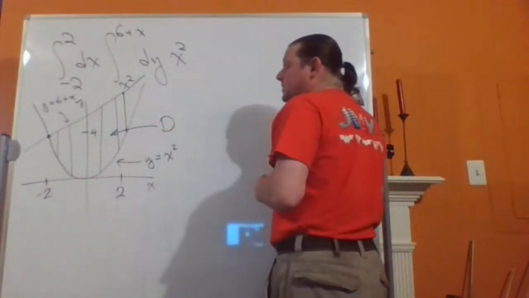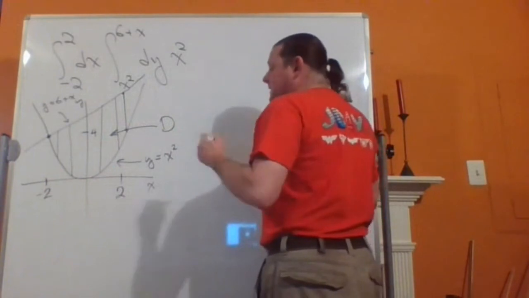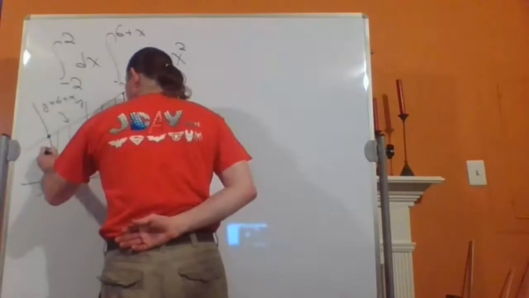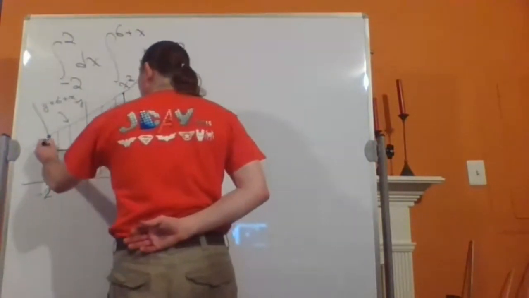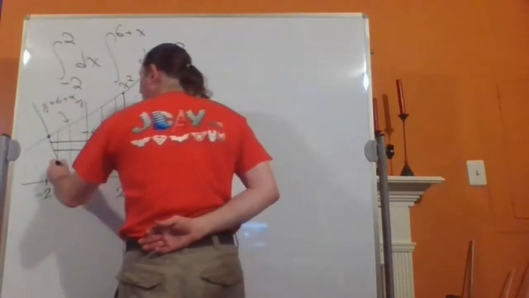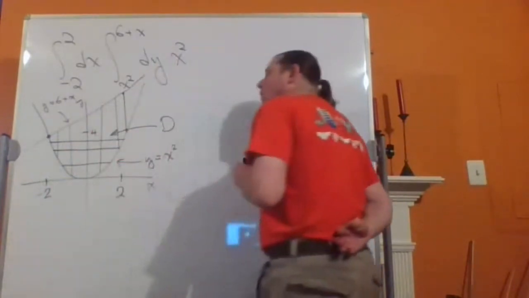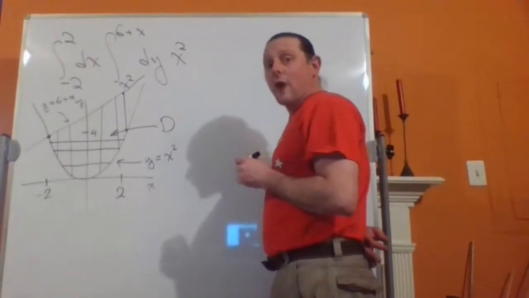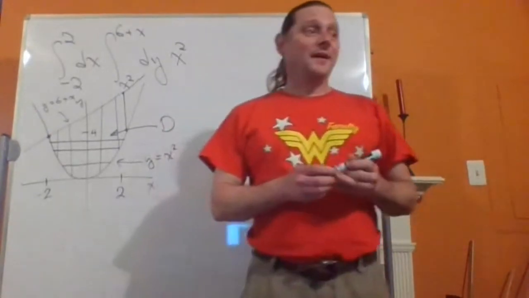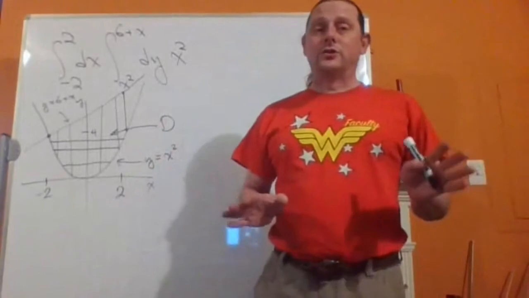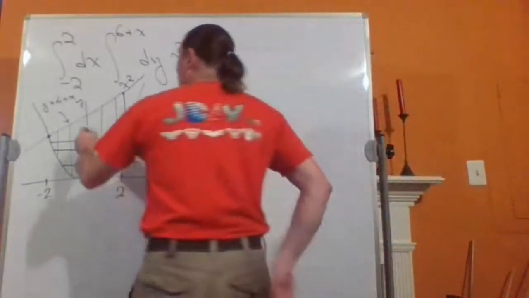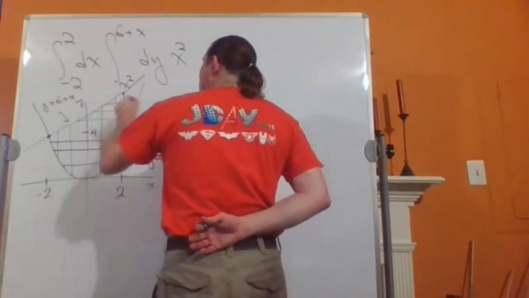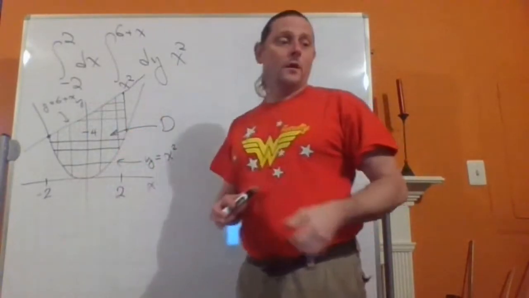But if I try to integrate x at a constant value of y, I run into a little difficulty. When y is smaller than 4, x is going to go from the left side of the parabola to the right side of the parabola. But at larger values of y, x goes from the line to the line, okay?